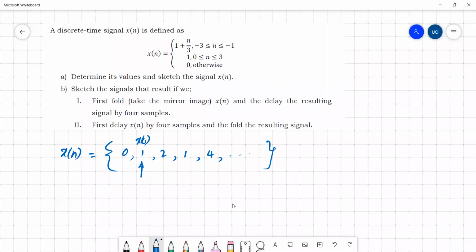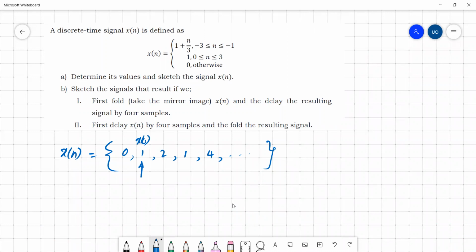Without this arrow, you cannot find the place to start, so you cannot plot it because you don't know the reference of the signal. That's why we put this arrow to indicate the x0 value. So this is one way of representing a discrete signal.